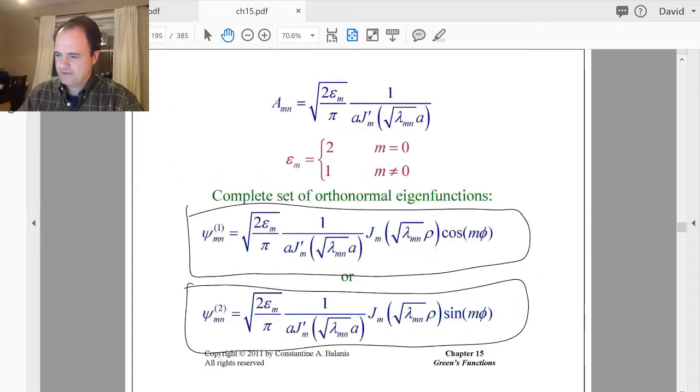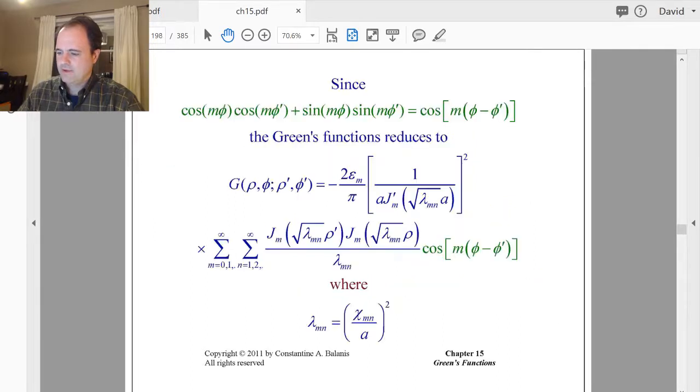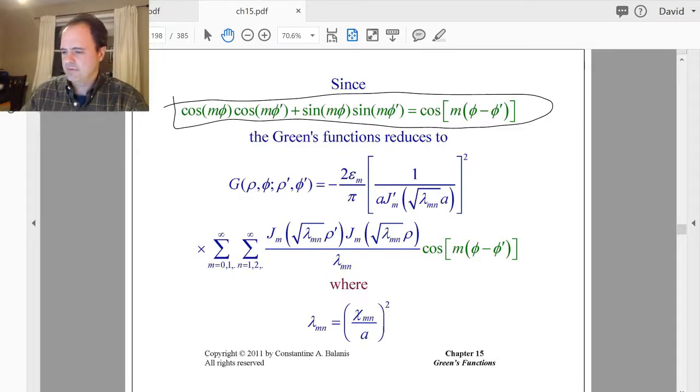So that's what you get, and so you can use a little bit of trigonometric formulas to get that the Green's function reduces down to a single cosine here, which is symmetric with phi and phi prime, which you expect.